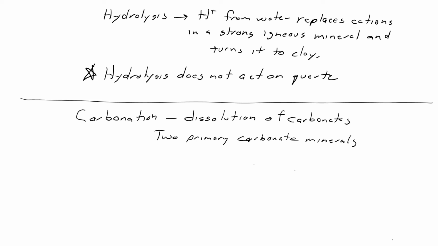So we have two primary carbonate minerals. We have CaCO3. You guys maybe know this as calcite. And there's a slight variation of calcite called aragonite, a slightly different arrangement of minerals, but it's all CaCO3.